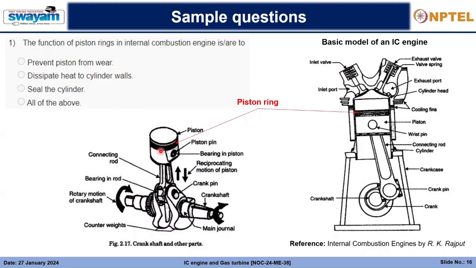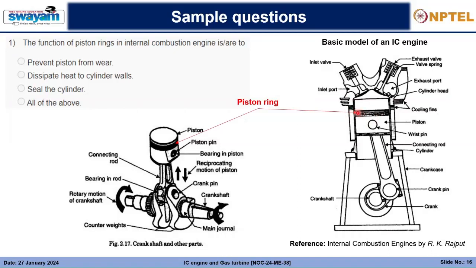If the piston ring is not present, the entire surface of the piston will be sliding over the entire surface of the cylinder. That will create a huge amount of wear and tear, and in order to prevent that, we have a piston ring. So it is preventing the piston from wear, right? So that is one thing.